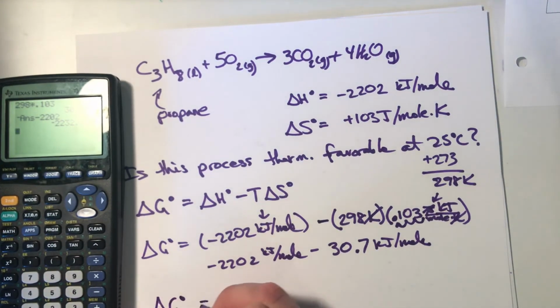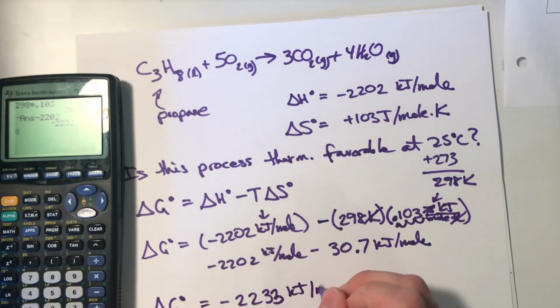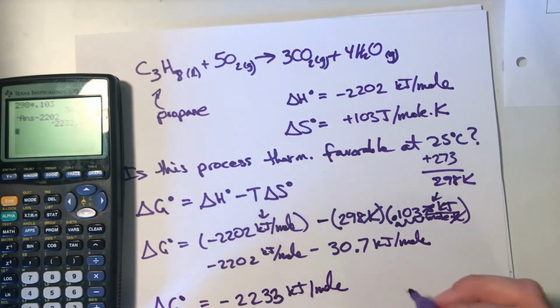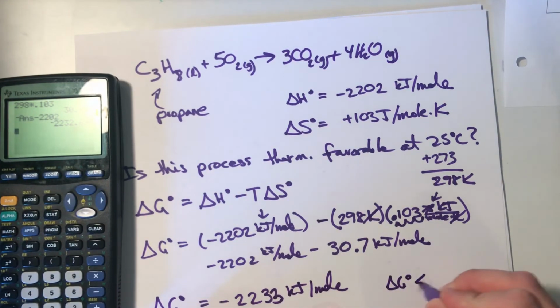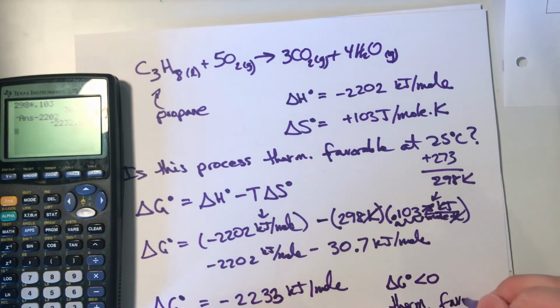And our delta G naught here is going to be negative 2233 kilojoules per mole. And so, in fact, because delta G naught is less than 0, in other words, it's negative, we're going to conclude that this process is thermodynamically favorable.